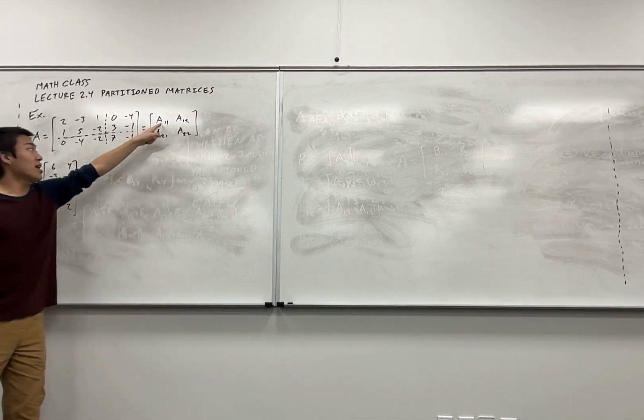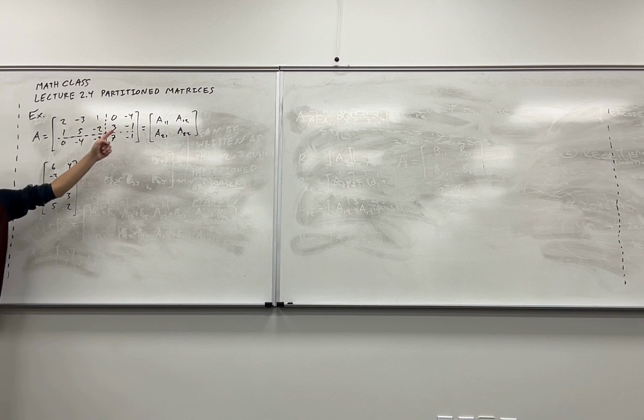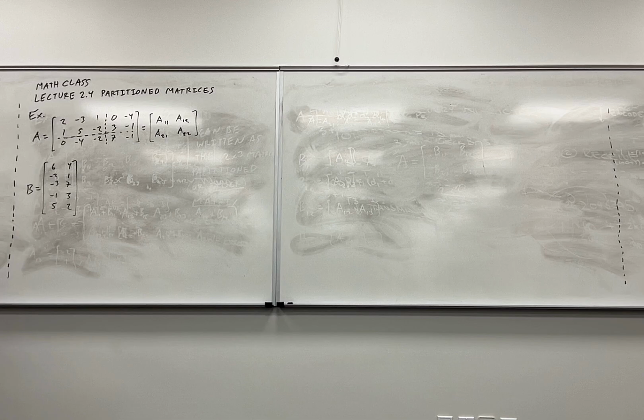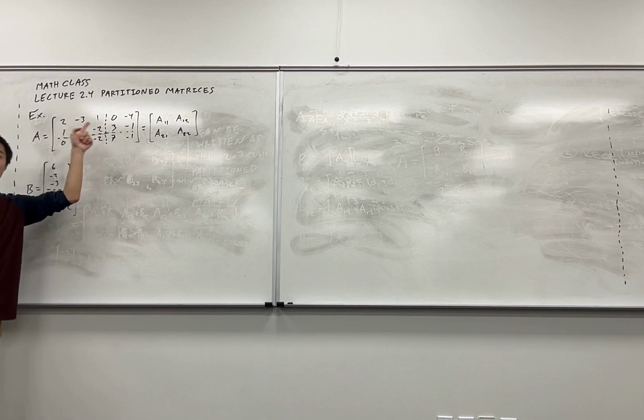So when I think about it, A11 is a 2 by 3, which means that the corresponding B11 block needs to have at least how many rows? We need at least 3 rows. Okay? So there is some element of multiplication where you can't just pick and choose whatever you want. There are some hard and fast things. So I do need to make sure that the top block has the 3 rows to fit and define the multiplication with 3 columns here.